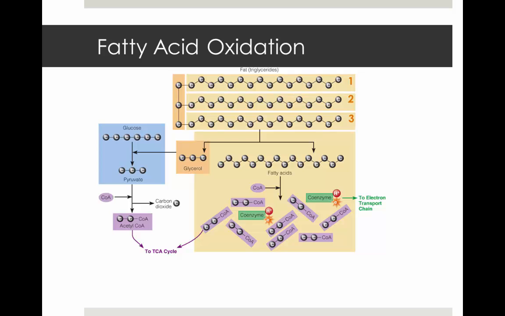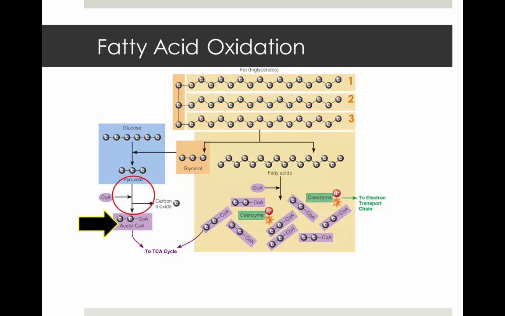Now here's a question for you. Can fatty acids be made into glucose? Follow the pathway. 2 carbons, add a coenzyme A to make acetyl-CoA. Can acetyl-CoA make glucose? No.